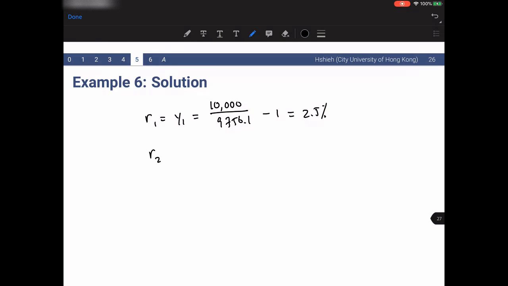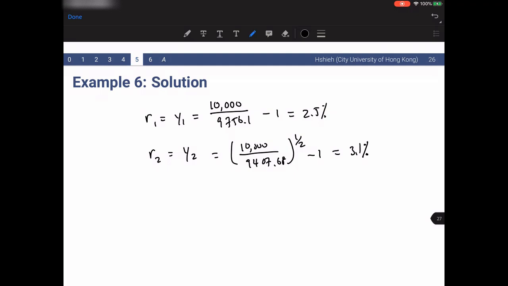For 2 years, it's going to be equal to the bond yield of this zero coupon bond maturing in 2 years. And that's going to be equal to 10,000 divided by 9407.68 to the 1/2 power minus 1, equal to 3.1%.